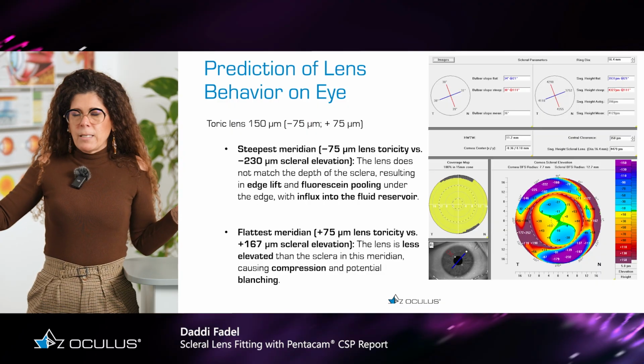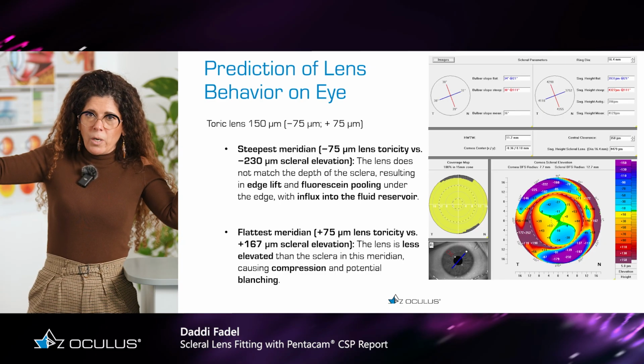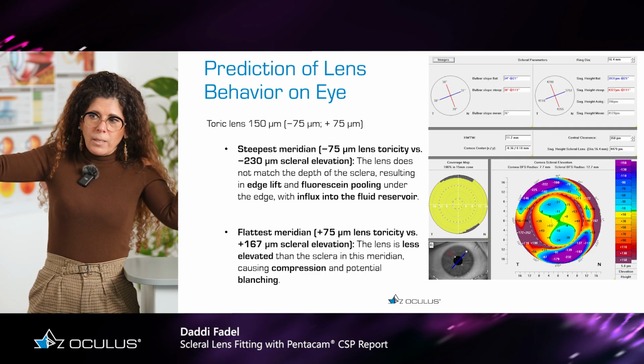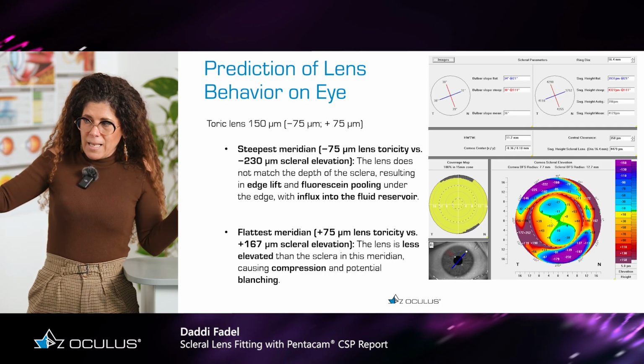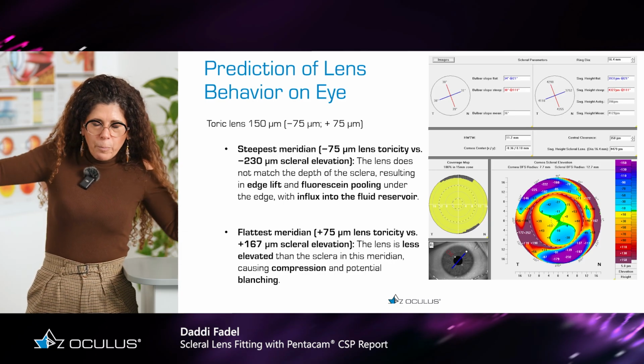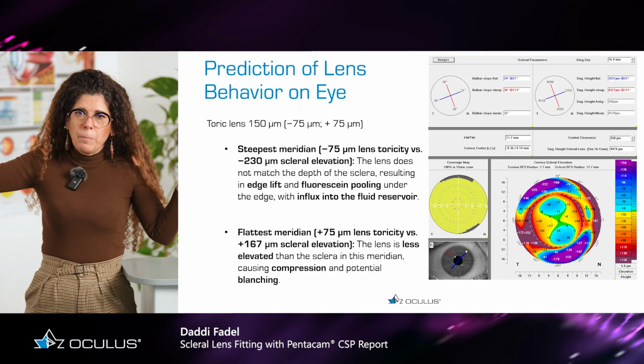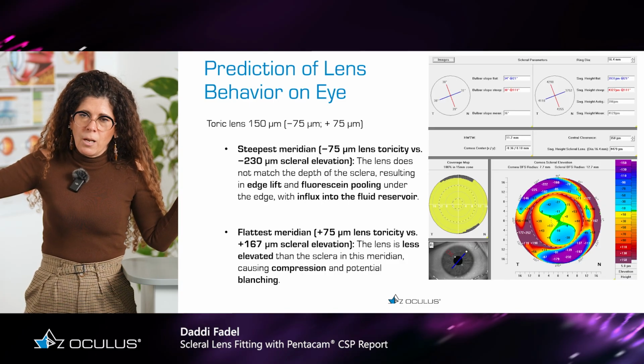In the horizontal meridian, you have your lens which is elevated plus 75, but the ocular surface is elevated plus 167. What does it mean? Your lens, being less elevated than the ocular sagittal height, will be compressing on this meridian, so you will see blanching and indentation.